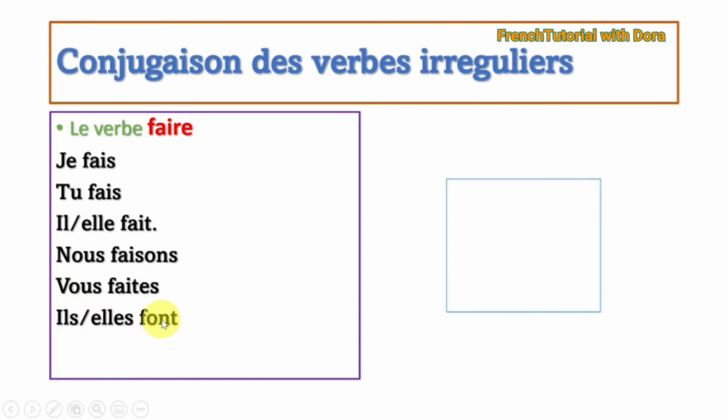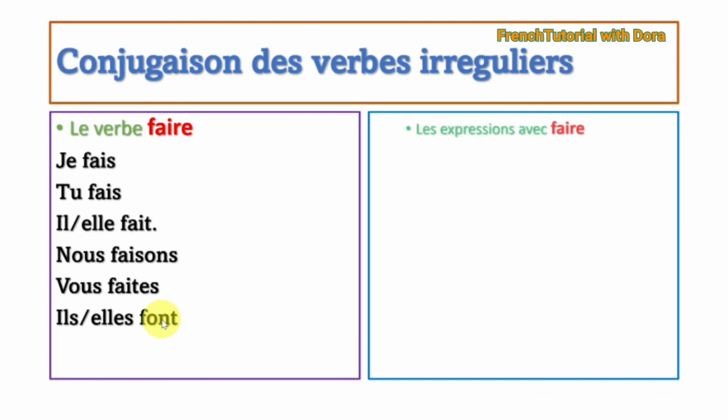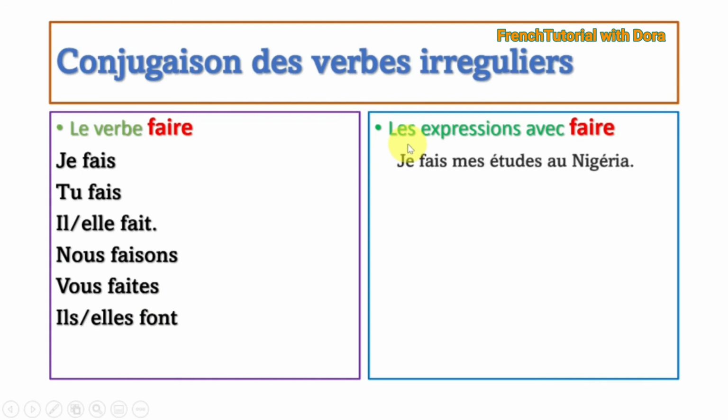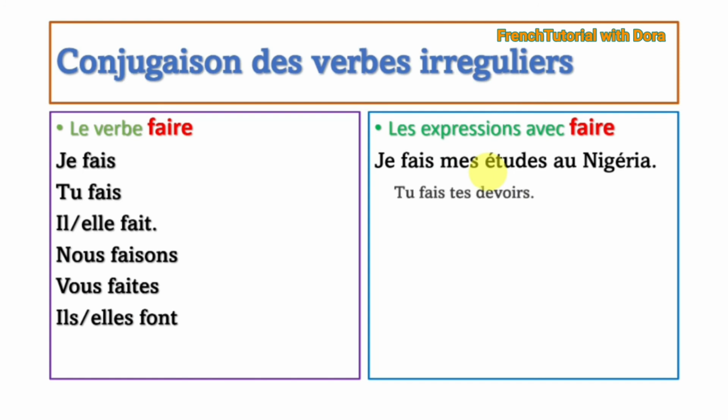And let's look at some expressions with this verb faire. So we have, je fais mes études au Nigeria. I'm studying in Nigeria.